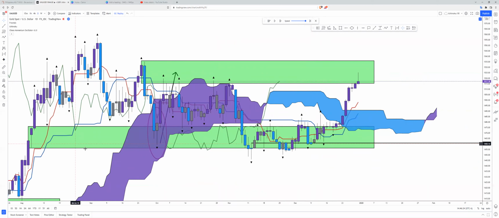All right. This is why I always tell everybody, you have to understand the Ichimoku basics before you start combining it with other strategies, because Ichimoku is very powerful on its own. But I think the complication comes when people start trying to add other strategies into Ichimoku because they don't have the basics down.